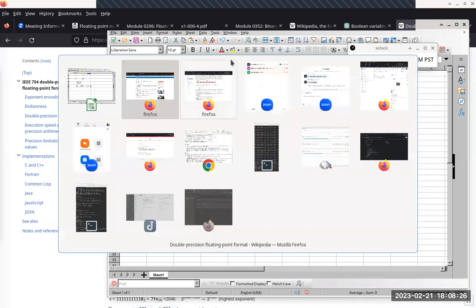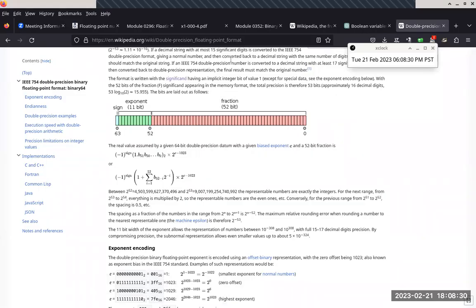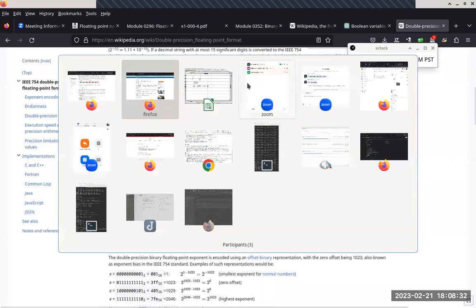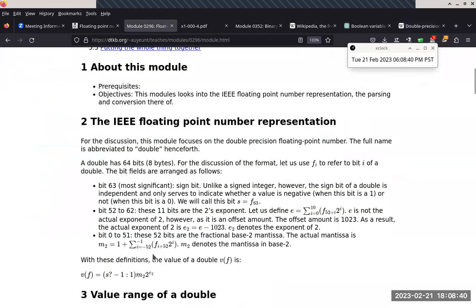That has to do with the bias, and I have to go back to my own notes. E2 here is E minus 1023.